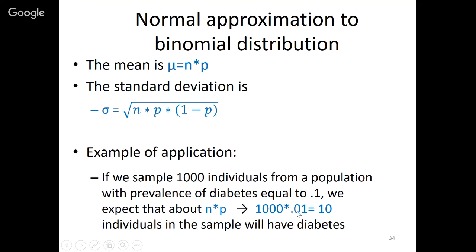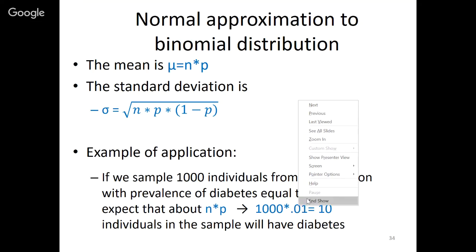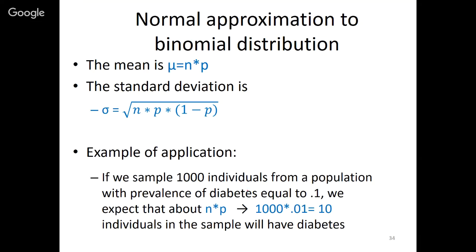let's see, 0.1. Wait, this is wrong. Somebody tell me what's the right answer here. Prevalence of diabetes equal to 0.1. Should it be 0.00? Is there a 0 missing? Well, if it were a prevalence of 0.01, then this would be correct.